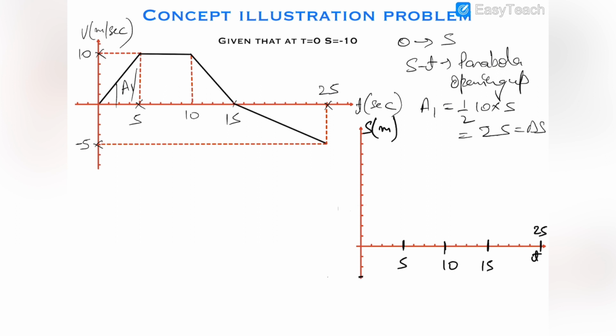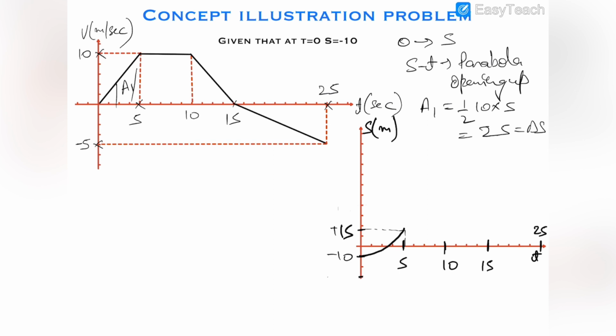Let us suppose that this is minus 10 and this is plus 15. So this would be a parabola whose base would be at this point minus 10 and it is going till 15. This is plus 15. So this is the parabola.